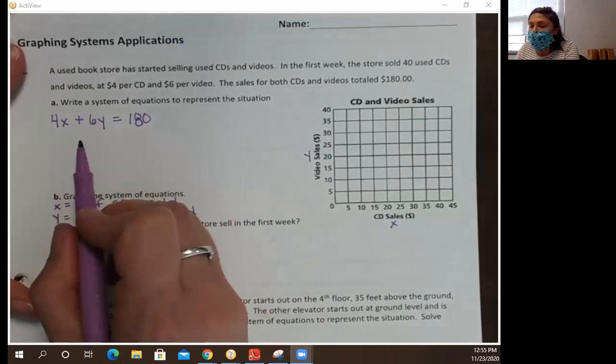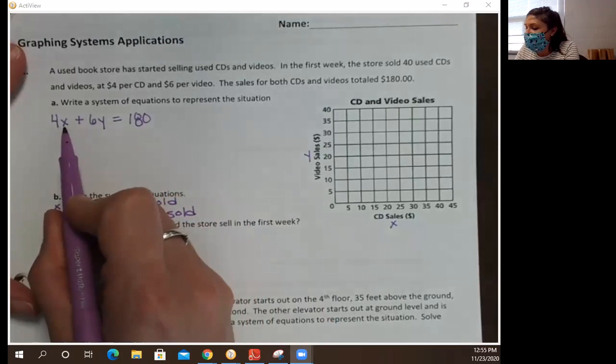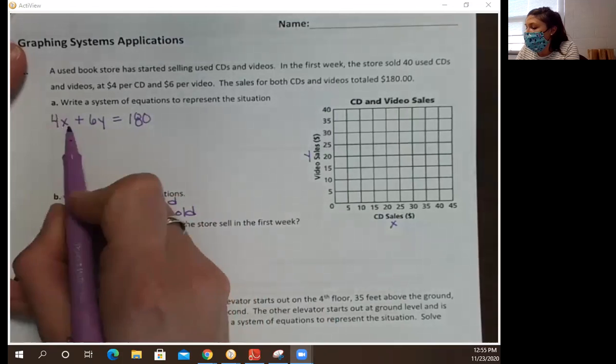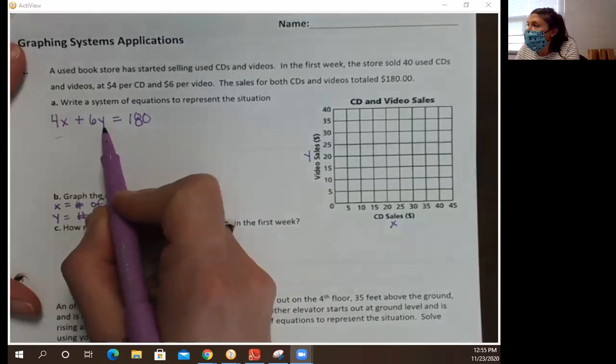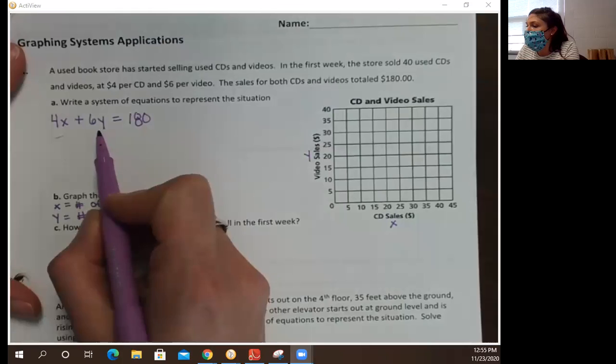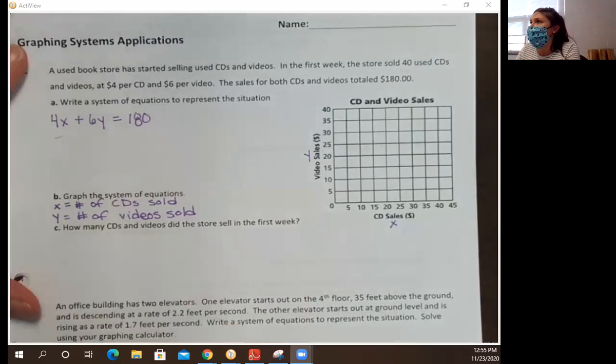So what I'm saying with this equation is $4 for every CD I sold. That would give me the total amount of money I made from CDs, plus $6 times however many videos I sold. That would give me the total amount I made from selling videos. If I add those amounts up, I get $180. That's what I'm saying there. So that's one equation.